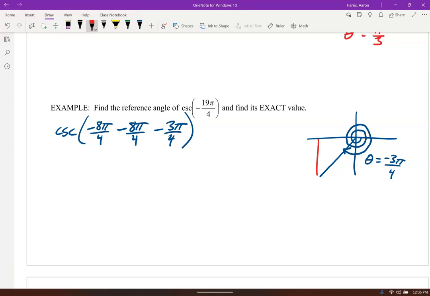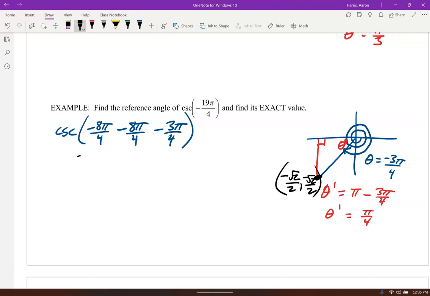So the reference angle theta prime would be pi minus 3 pi fourths. So 4 pi fourths minus 3 pi fourths is just pi fourths, 45 degrees. So negative root 2 over 2, x is negative, y is negative here in quadrant 3.